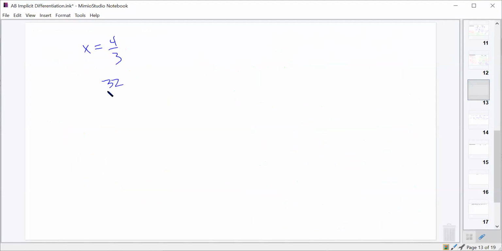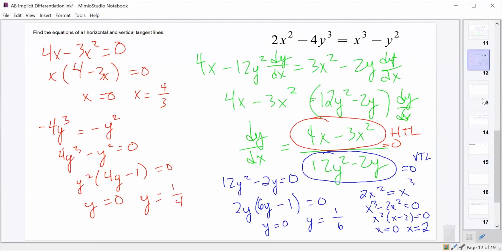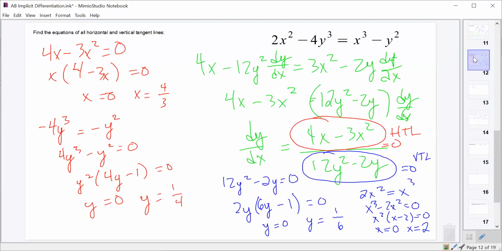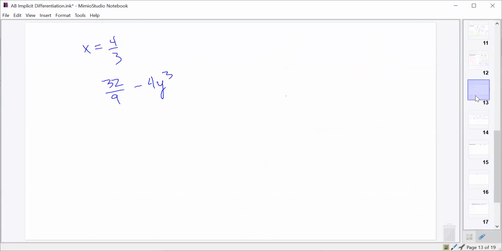So we got 32/9, and then we've got minus 4y cubed, and then we've got x cubed, so 4/3 cubed is 64/27, minus y squared.